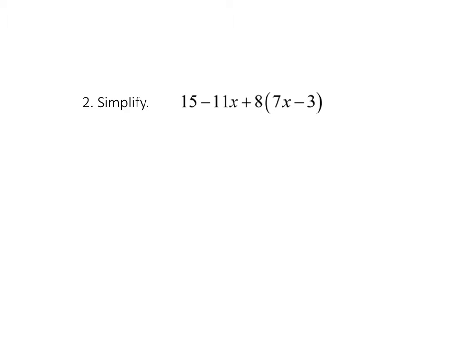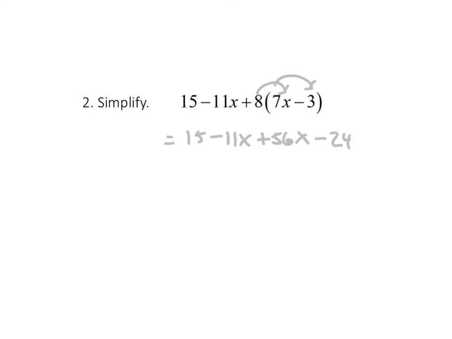Now this is an algebraic expression, but we follow the same idea. We want to crunch these terms together to make this expression as simplified as possible. And here we begin by distributing 8 into the parentheses. The 15 minus 11x stays the same, plus 8 times 7x, that's 56x, and 8 times negative 3, that's minus 24.